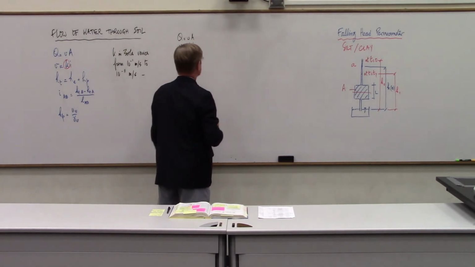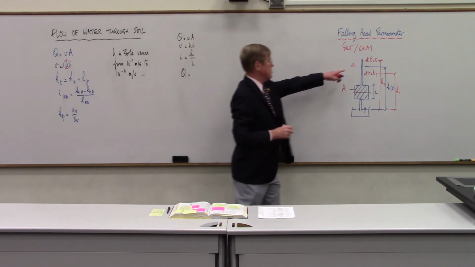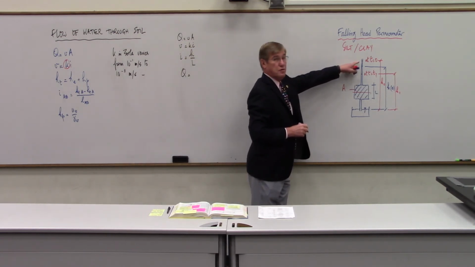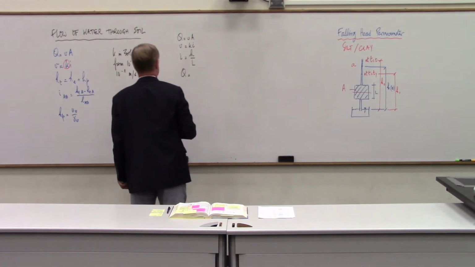We also know that Q, the flow, we can measure by how much the level of water is dropping in the tiny tube at the top.